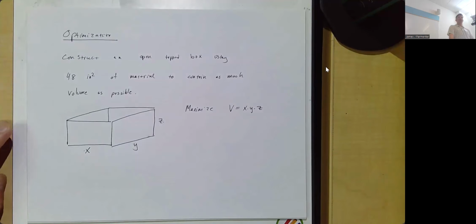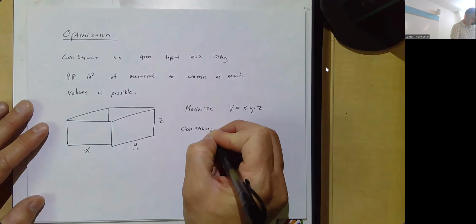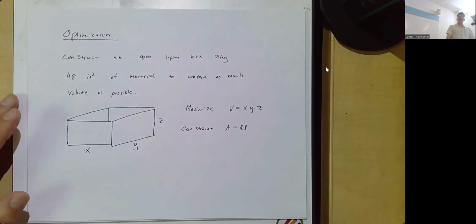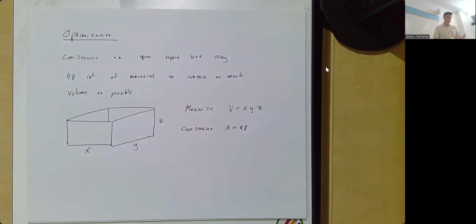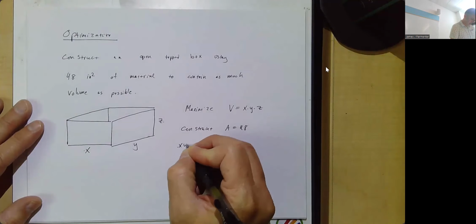And then we usually have some constraining piece of information. We are limited by the fact that we only have 48 square inches of surface area to work with. So our constraint is that the area is equal to 48. We can write an equation for the area: it's all of the side areas added up together. The bottom area would be x times y.